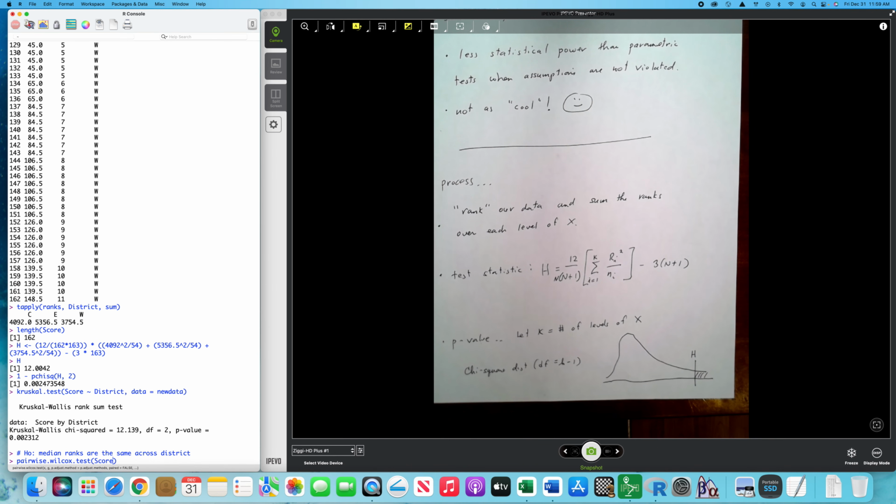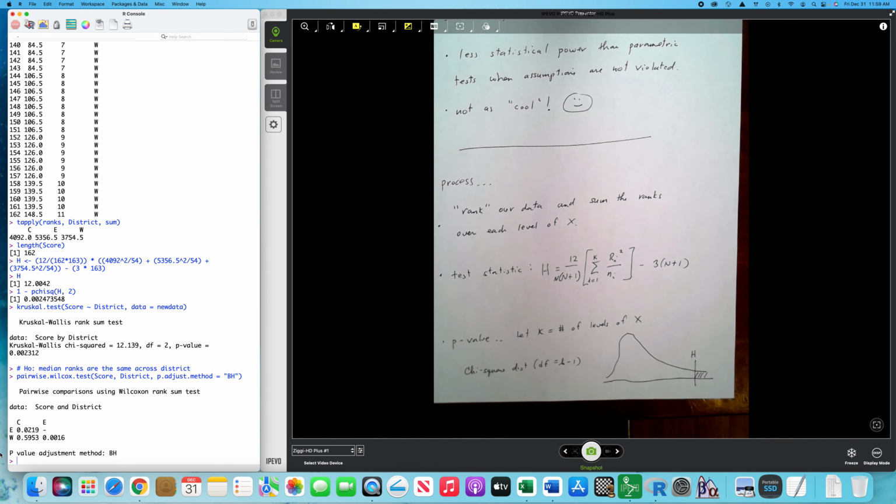So I need score, district, and the p-adjust method that I would use in this is the BH. So I get the p-values, and I can see that there is a statistically significant difference between districts C and E, and there is a statistically significant difference between E and W.